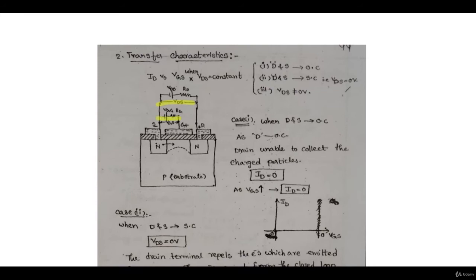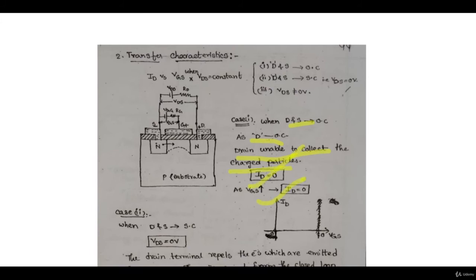Now we have tweaked the value of VGS and set it so that a channel is already formed. Now we are tweaking the value of this VDD, or hence we can say VDS, so that we will see how the characteristics of ID versus VGS will look. Once VDS is constant, you can see the first case, when VDS is open, the drain will be unable to collect the charge particles, and hence the value of ID will be 0.